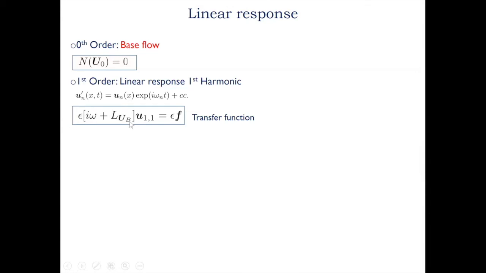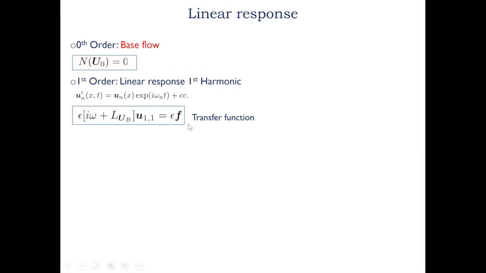It's still linear, it's order epsilon, but that's a transfer function, or a resolvent, as it's very often called. And omega here is prescribed by the harmonic forcing at which I'm forcing the system. So here on purpose I choose harmonic forcing.